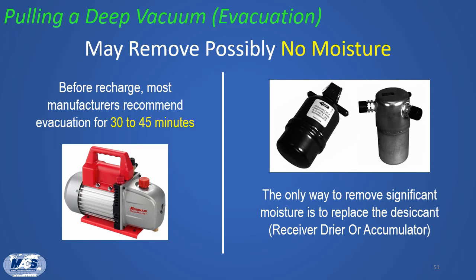However, keep in mind that you may remove possibly no moisture during evacuation, depending on your equipment and operating conditions. So the only way to remove a significant amount of moisture is to replace the desiccant, which is found in either the receiver dryer or the accumulator.